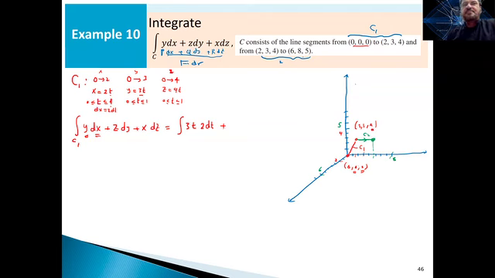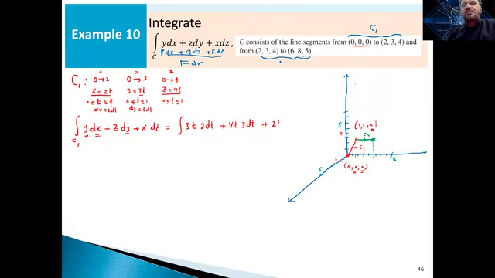Plus, let's look at z. Z is 4t times dy. What's dy here, guys? The derivative of 3t is 3 dt. So this is 3 dt. Plus, what's x? X is 2t.